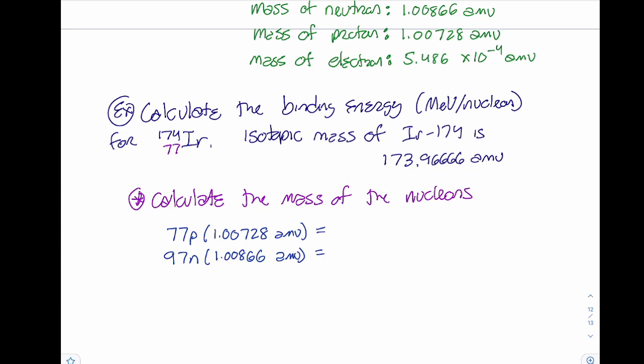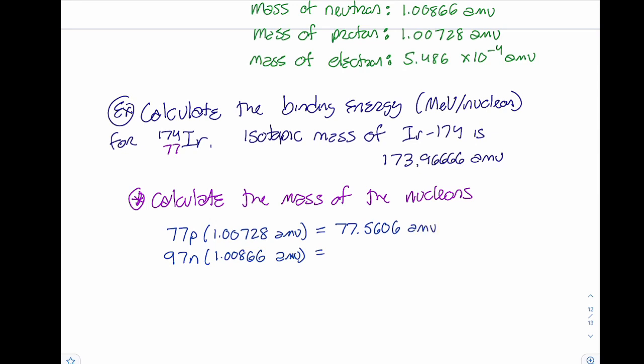Grabbing my calculator to do this math. Again, we're going to be carrying out a lot of digits, so be really careful when you're typing these into the calculator to not miss something. Usually we round to 2 or 3 digits after the decimal point. For the protons, I have 77.5606 atomic mass units. Significant digits: 1, 2, 3, 4, 5, 6.